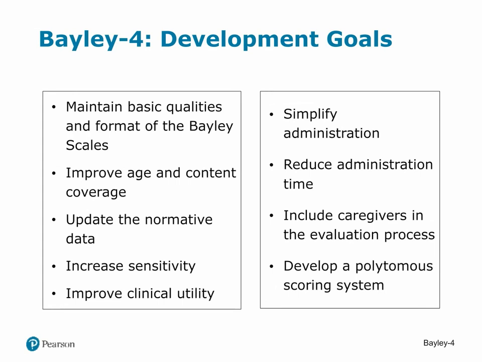The dichotomous scoring approach does not capture emerging skills that are precursors of mastery. So the Bayley-4 will use a polytomous scoring approach where each item can be scored 2, 1, or 0 depending on the quality of the child's response.